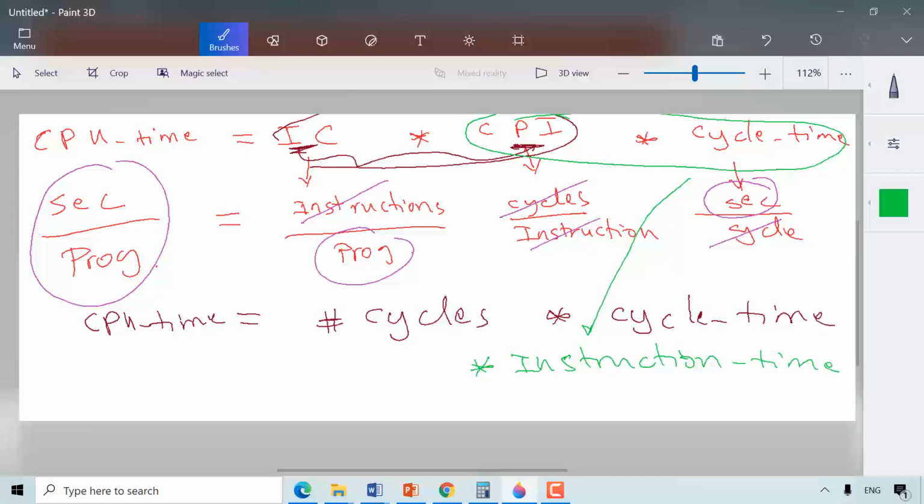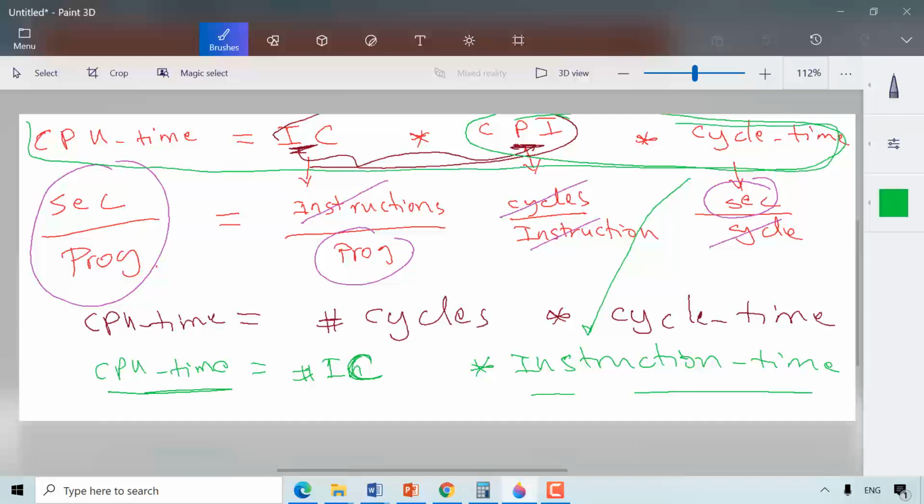So CPU time equals what? CPU time equals number of instructions, or instruction count, times instruction time. Okay, that would provide for me CPU time. So what I want to say is that I can merge terms in a different way to get variations of the formula, but all of them provide the CPU time.